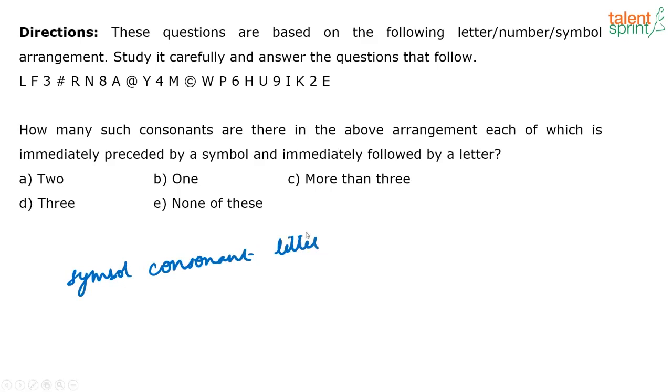Here you have R, before R there is a symbol, followed by N. Similarly, you have W, before W there is a symbol and following W there is a letter. So there are 2 such consonants. The correct answer is option A, that is 2.